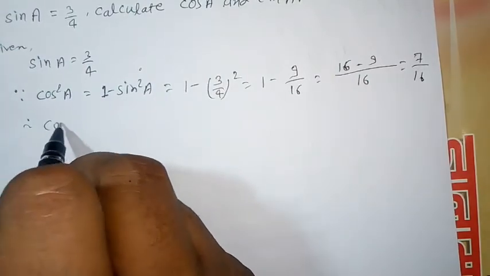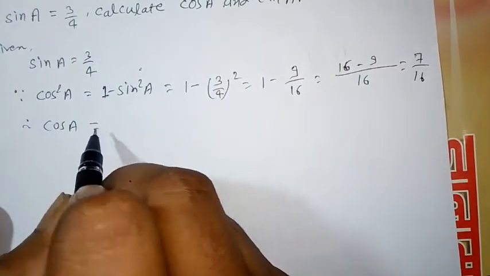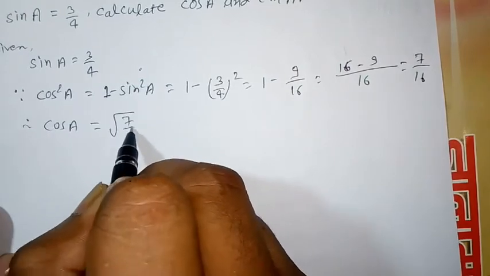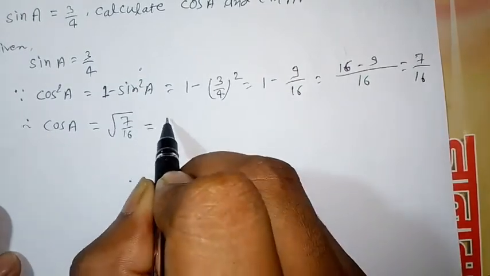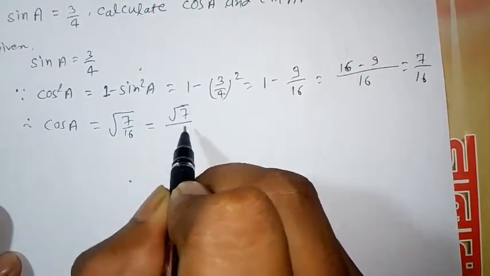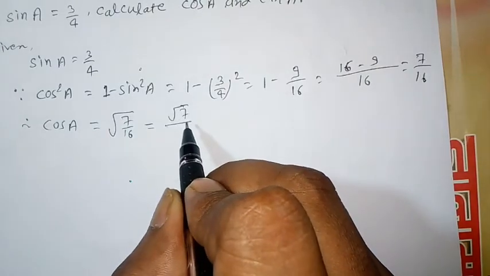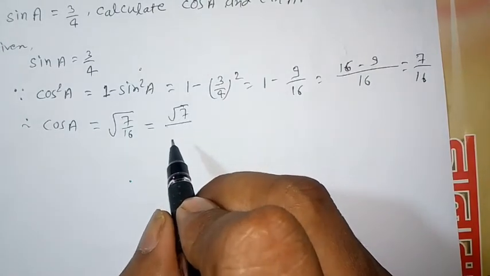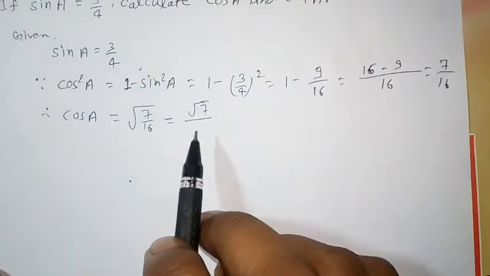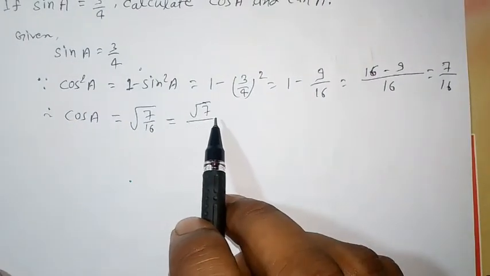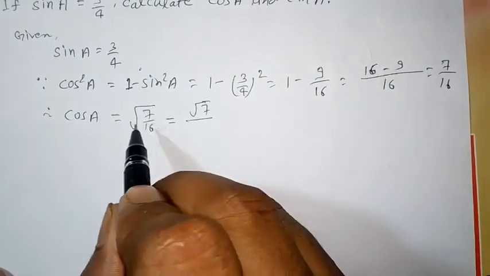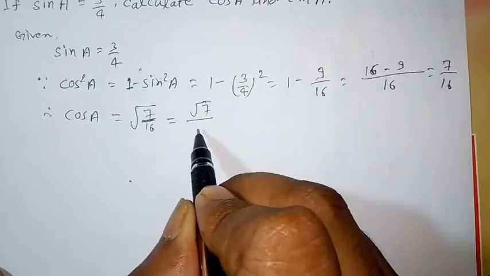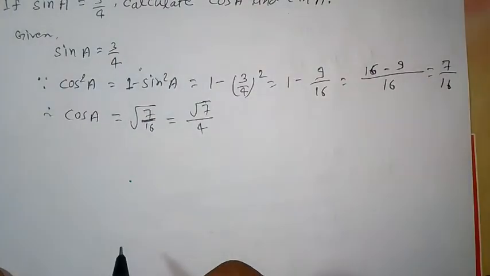Therefore, cos A is equal to root under 7 by 16, which is root 7 by root 16, because 7 is an irrational number. The value of root under 16 is equal to 4.